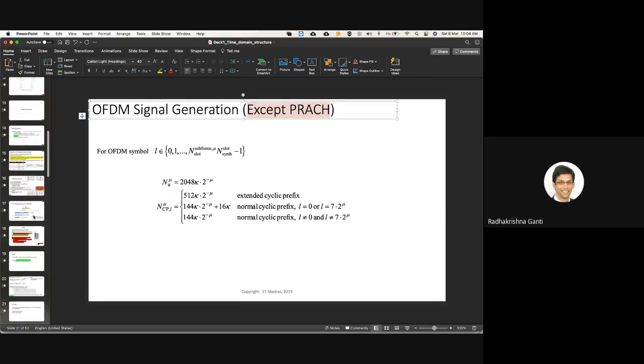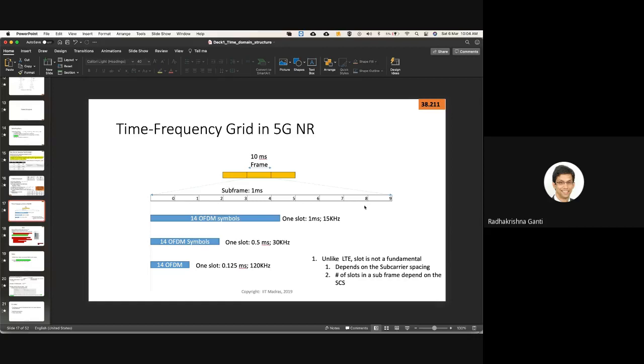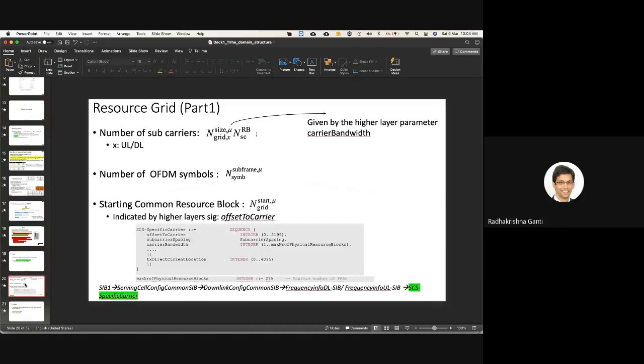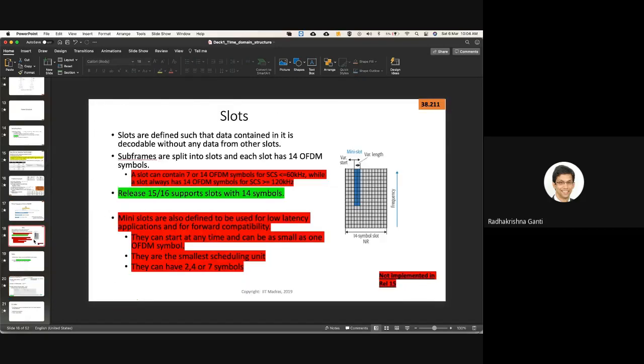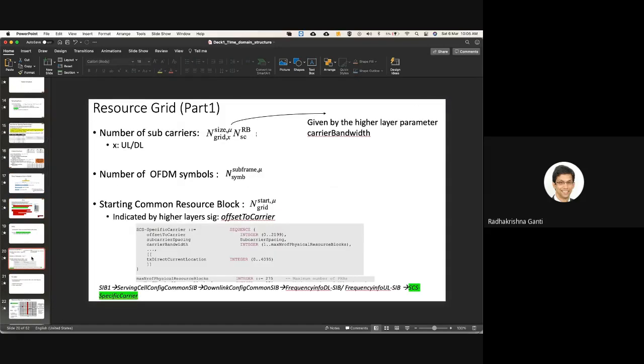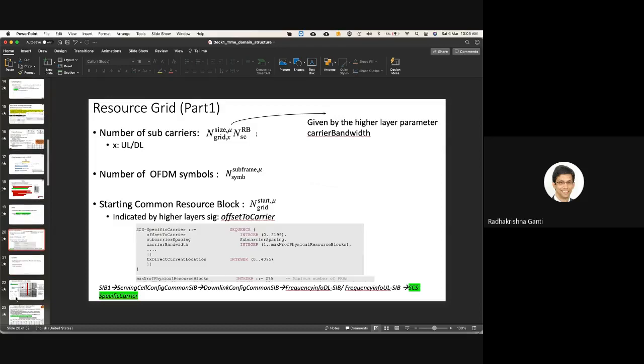Fine. So what are the points we learned? A frame has 10 subframes, each of 1 millisecond. Each slot has 14 OFDM symbols. That's more fundamental. And a subframe can have multiple slots depending on the subcarrier spacing. For example, 30 kilohertz, which is the most popular, has 2 slots in one subframe. Then we talked about a resource element and resource grid.